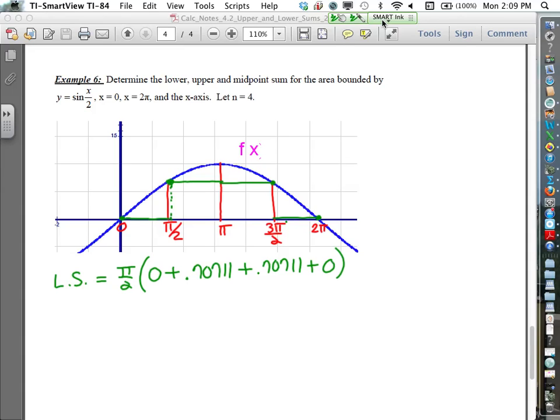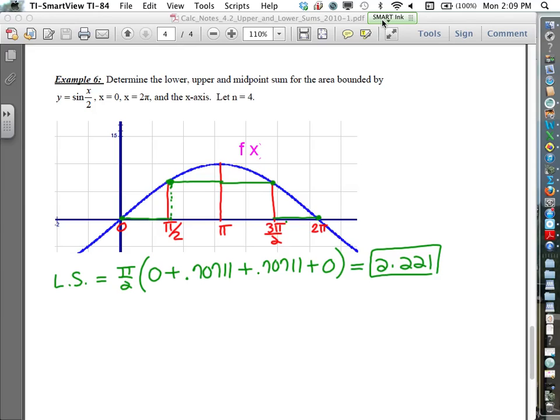Add these together in the parentheses, multiply by pi and divide by 2. What do we get? 2.221. Round your final answer to 3 decimal places. That's right.